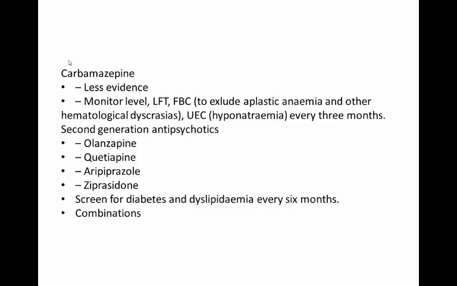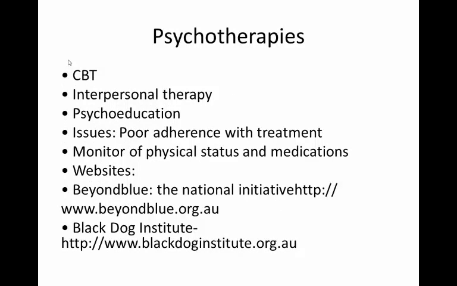For these, as always when using antipsychotics, it is important to screen for metabolic syndrome, for diabetes and dyslipidemia every 6 months. Finally, combinations of the second-generation antipsychotics and a mood stabilizer are also often employed.